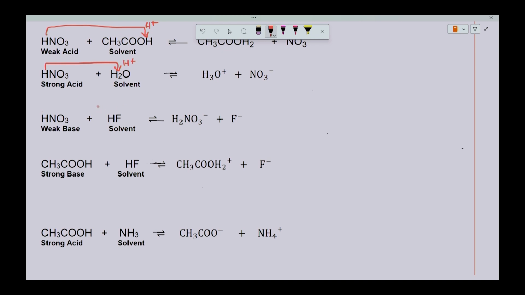Nitric acid will not be able to donate its proton to HF. Instead, HF protonates nitric acid, and nitric acid gets converted into H2NO3 plus.